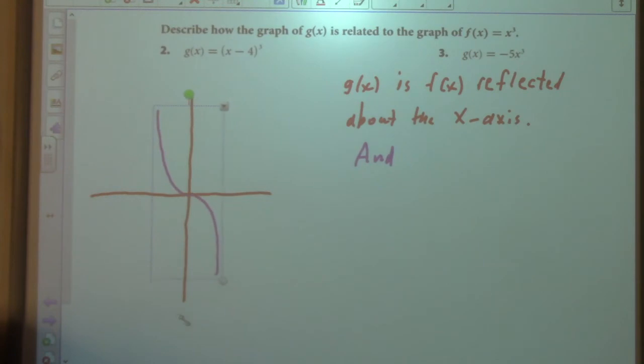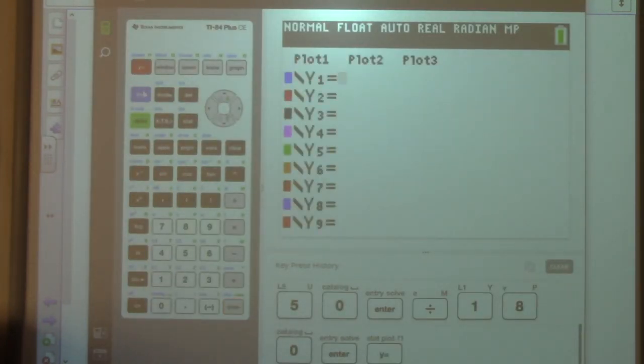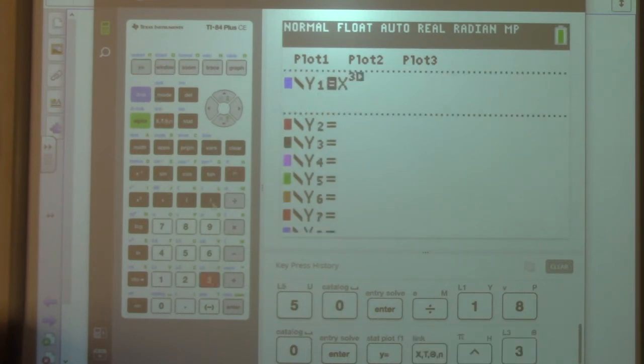Okay, it's going to vertically stretch like this. So it's going to look kind of like this. That 5 is going to just stretch it out vertically. So in a calculator, what you see is the x cubed like this.